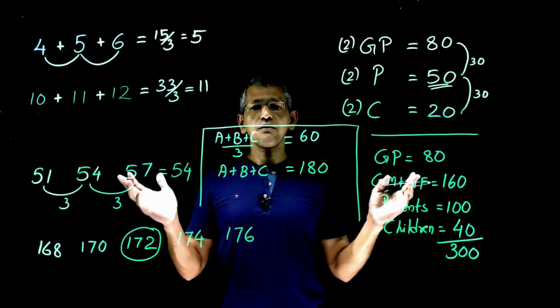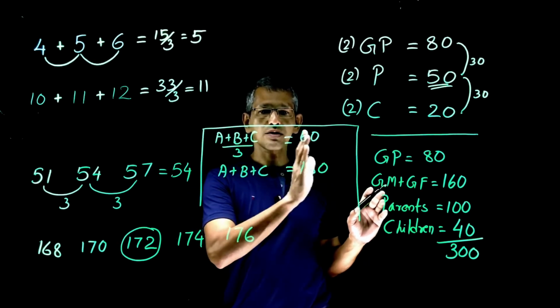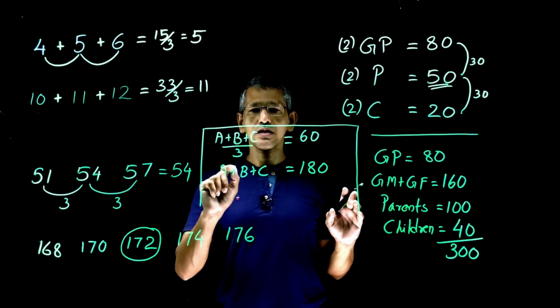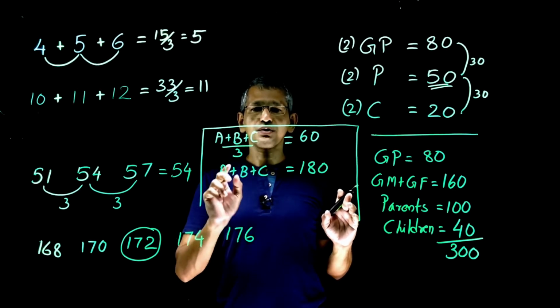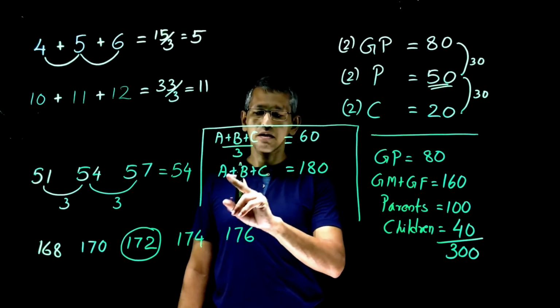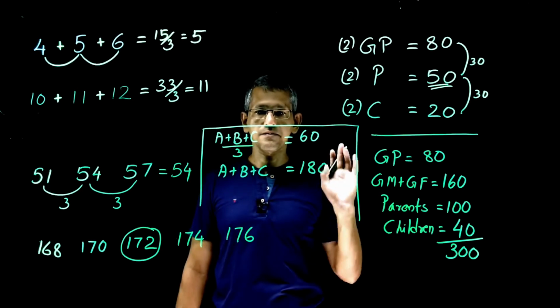Then, what is the average of A and B? This is the question. So average marks of 3 students is 60, and the mark of C is half of the total. Then what's the average of A and B? So the total marks of A, B and C, that means A plus B plus C, is 180.